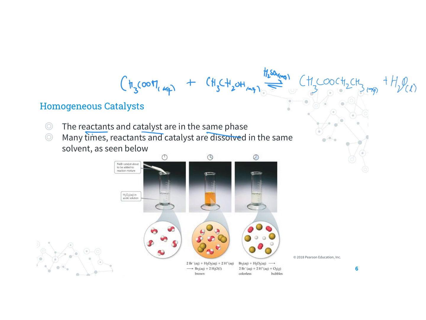In this case, and actually I apologize, this should be liquid, not aqueous. In this case, you see that the reactants and my catalyst are all aqueous. And so this is an example of a homogeneous catalyst. And so what you do is you just dissolve everything in the same solvent, and then you run your reaction with that catalyst.